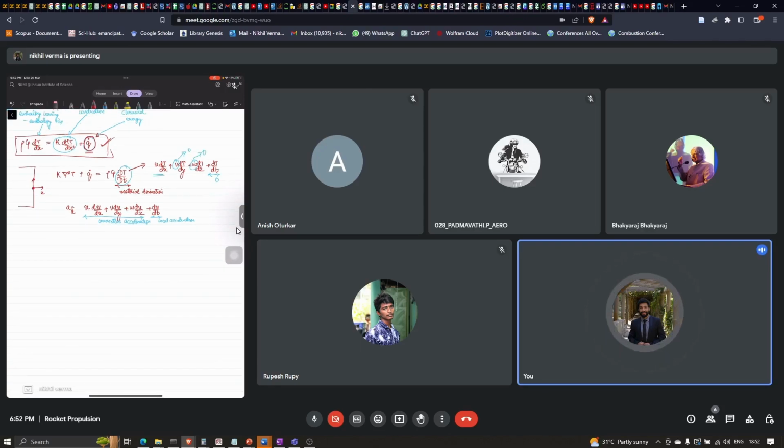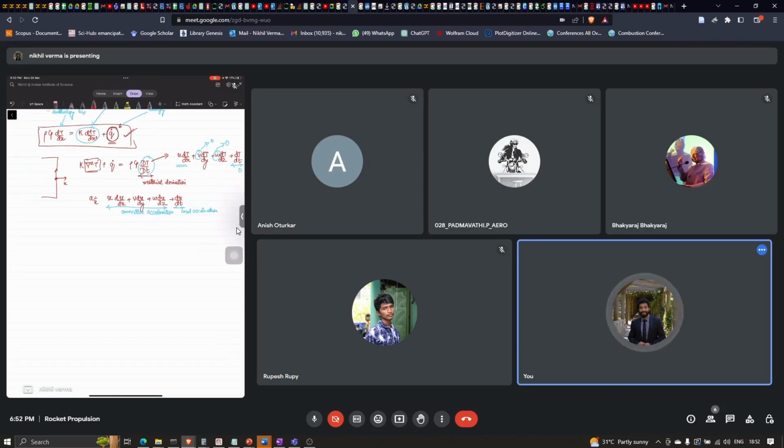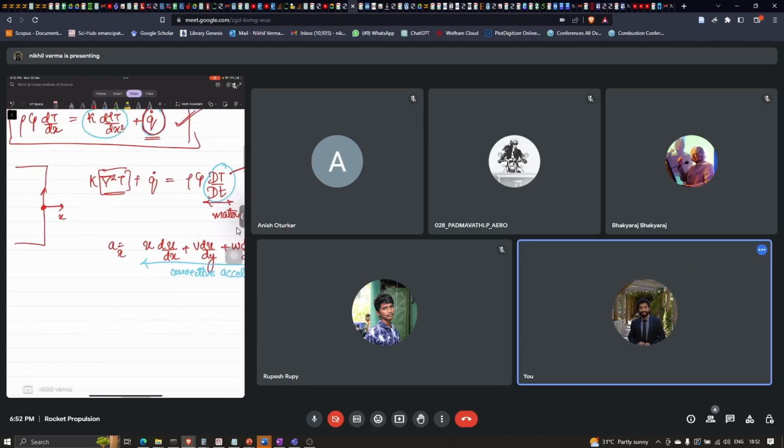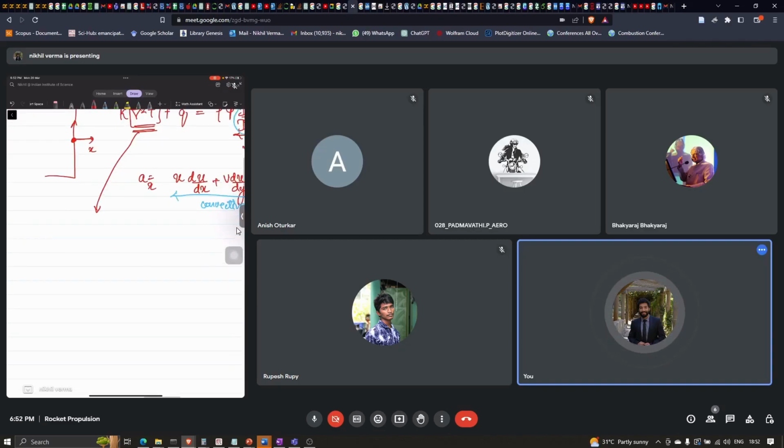And this operator, does anybody know the meaning of this term? What does this term tell? Okay, this is the Laplacian operator. So this is d2T by dx square plus d2T by dy square plus d2T by dz square.